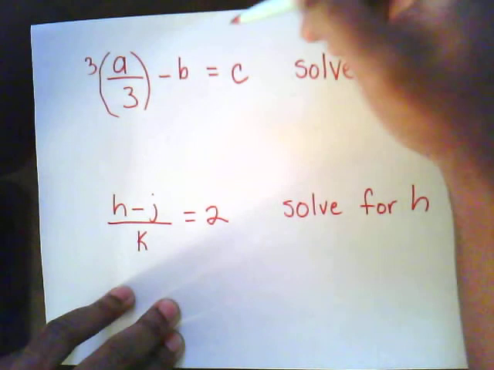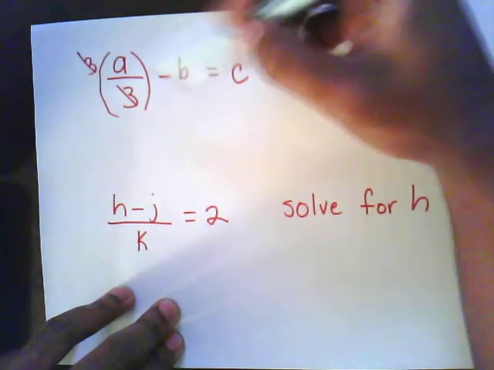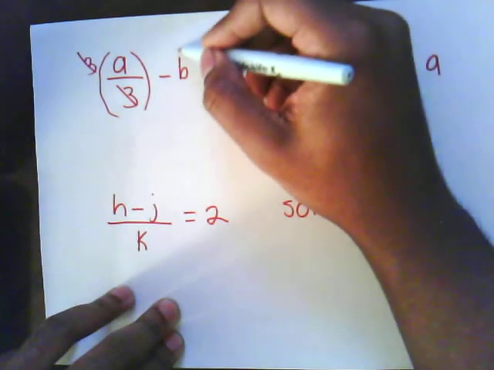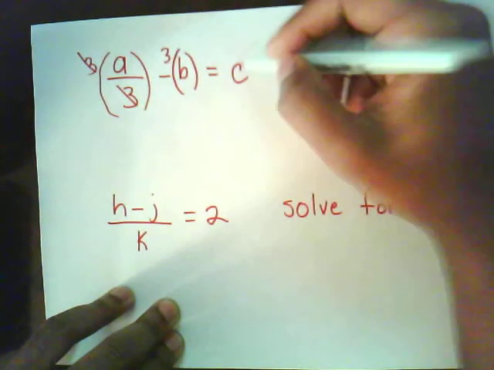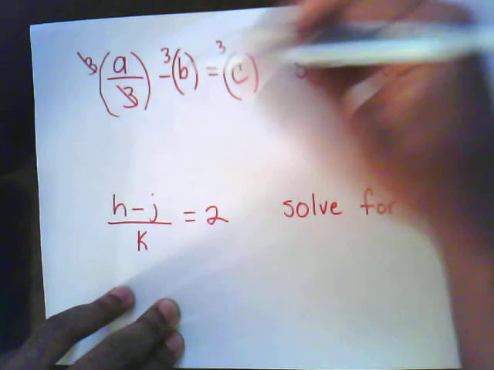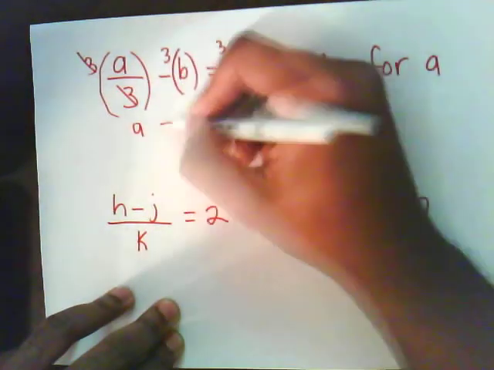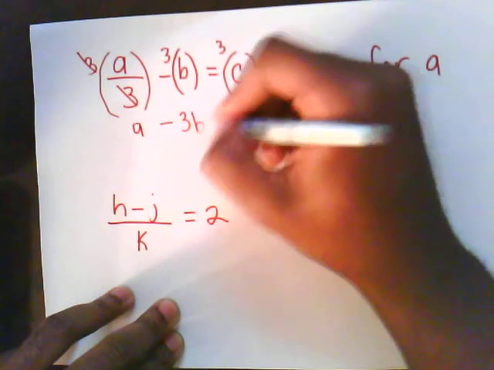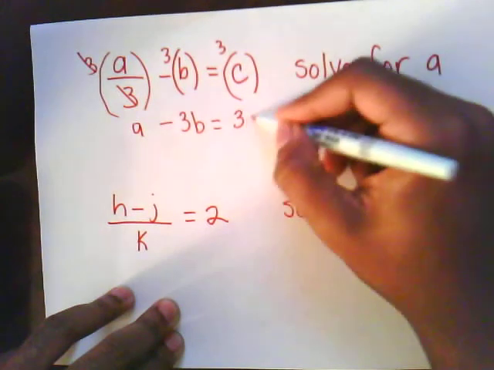By rule, that simply means you can cross this out, so all that's left is a. Now, we're going to multiply b by 3, and we're going to multiply c by 3. So here we have a minus 3 times b is 3b equals 3 times c, which is 3c.